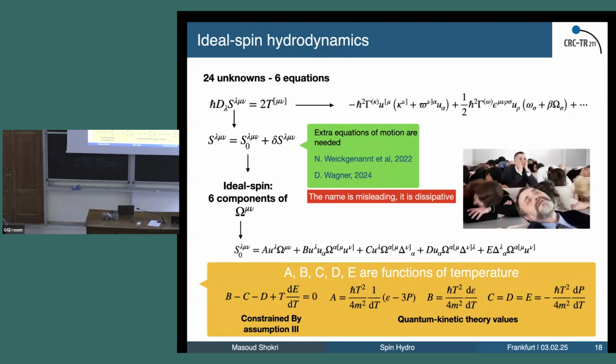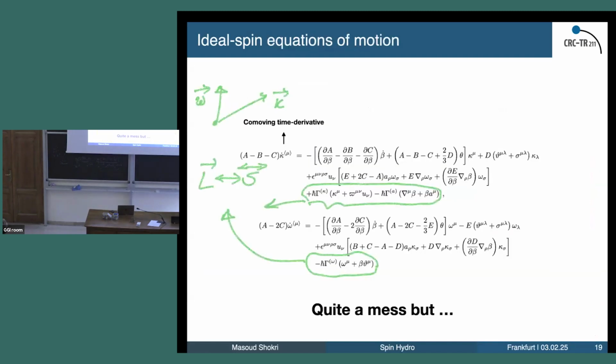Okay, I hope I haven't lost you at this point. Then you will have equations for kappa and omega instead of omega mu nu. And you can see that this is already a relaxation-like equation. You have a time derivative here, and you have a time derivative here.